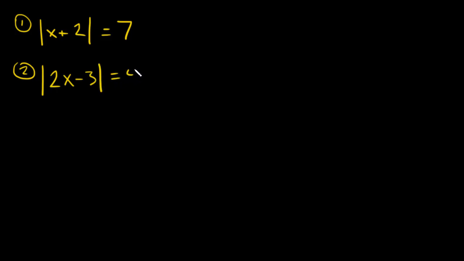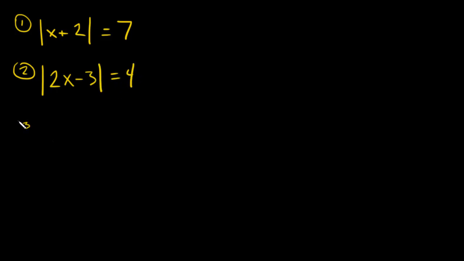Absolute value x plus 2 equals 7. You know what? Let's do 6 problems, and I'll star 3 of them. I like that. Number 2 is going to be the absolute value of 2x minus 3 equals 4.